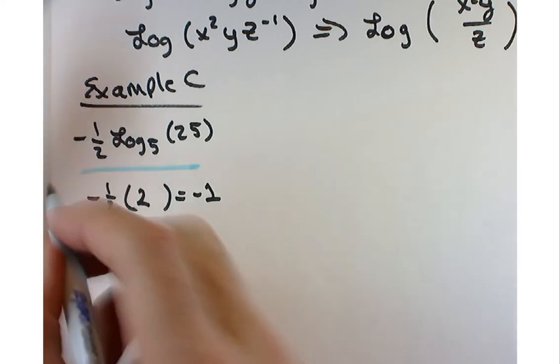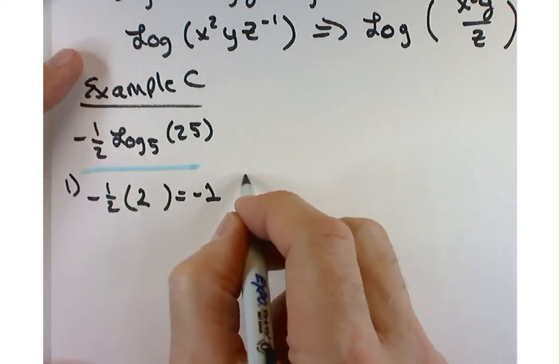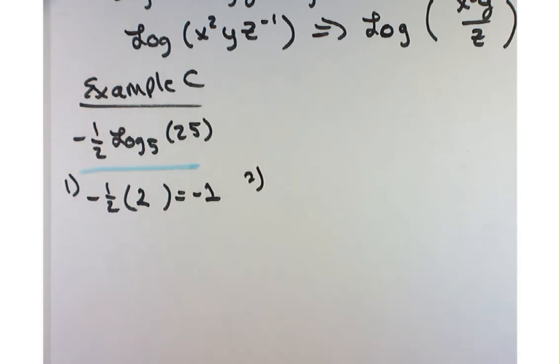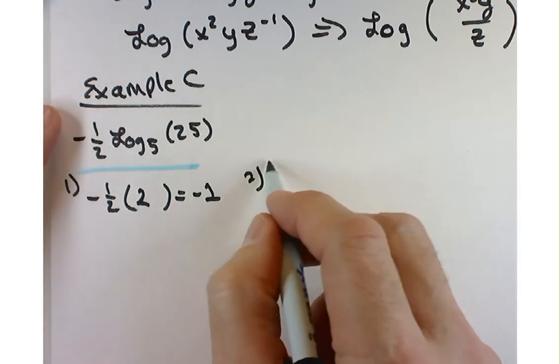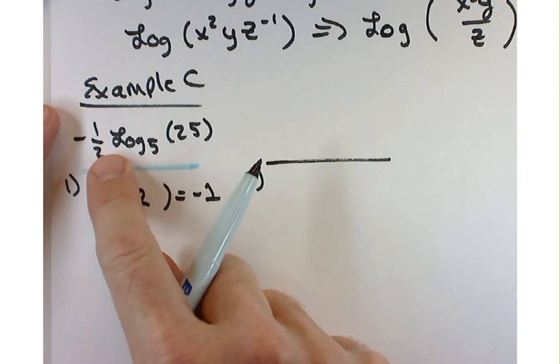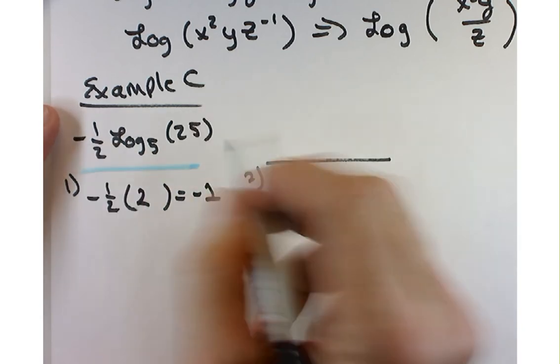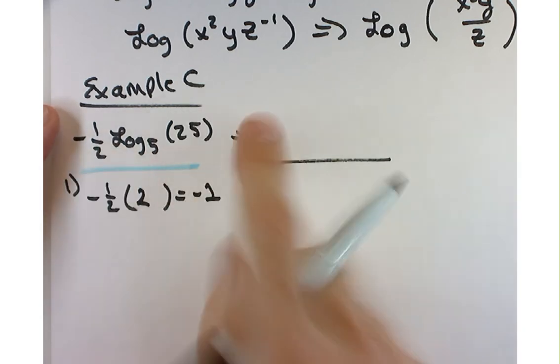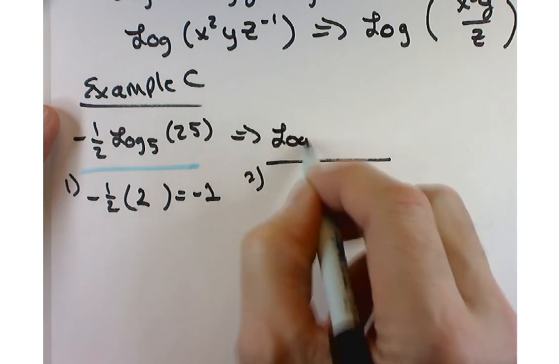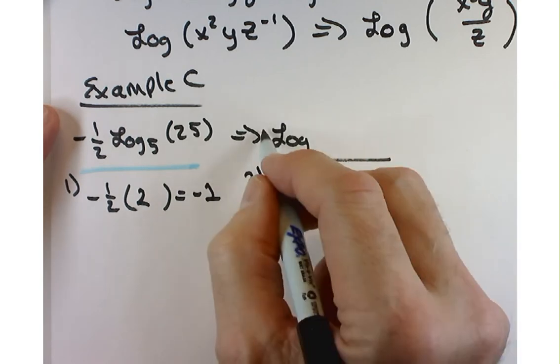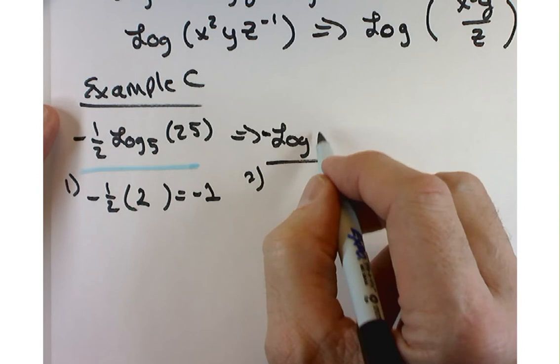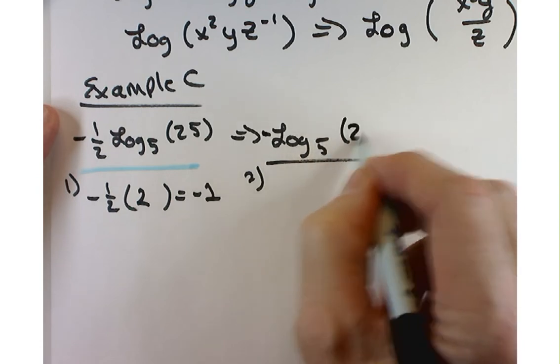So that's method 1, or approach number 1. Let's take a look at a different approach. I'm going to bring that negative 1/2 up into the exponent. Actually, you know what? I'll just keep the negative here. I'm going to bring the 1/2 into the exponent.